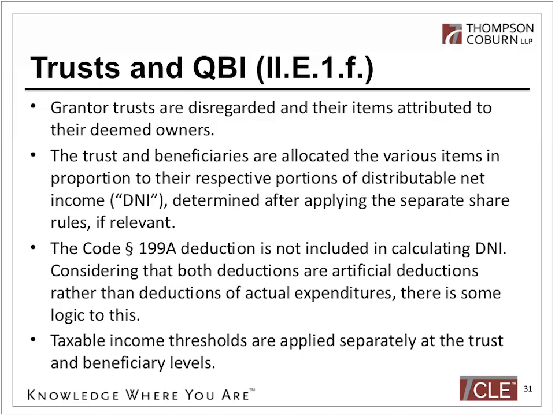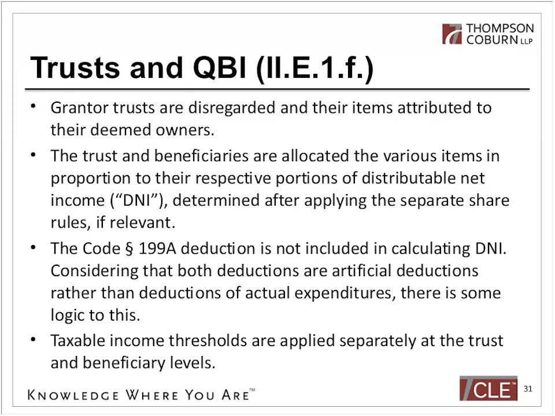Those tax attributes, the trust will share those with the beneficiaries. So if the trust distributes half of its DNI out to the beneficiaries, then the beneficiaries will receive half of the qualified business income on the K-1.